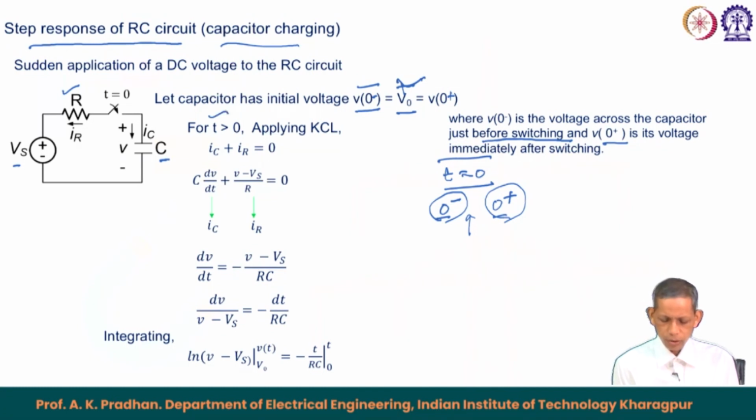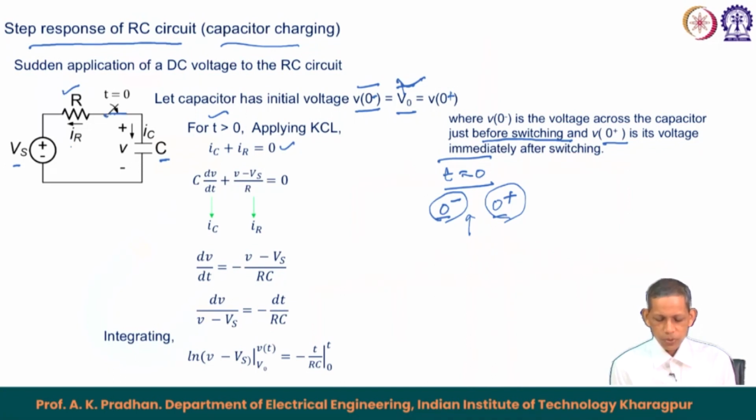For t greater than 0, if you see the circuit, the circuit is closed now. So, we say that the resistance current I R is marked in this direction, right to left, and I C as usual entering the positive terminal of the C. So, that becomes I C plus I R equals to 0, KCL at this node.